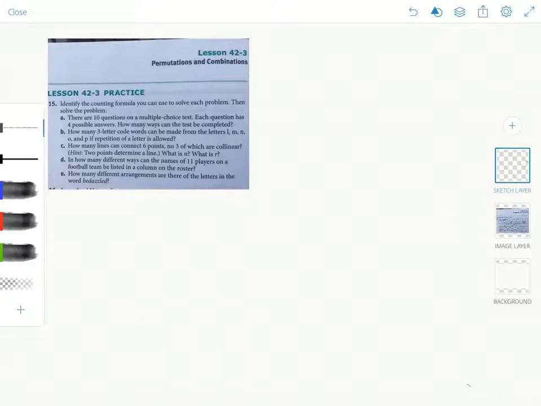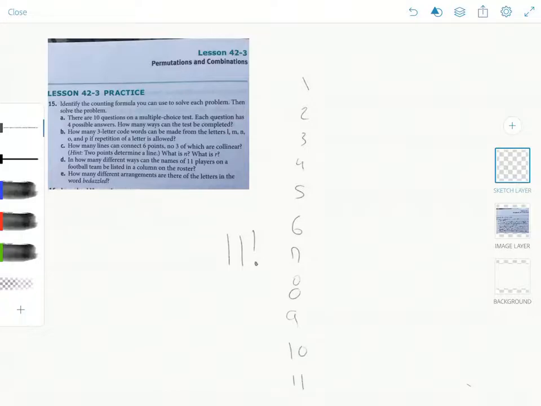Letter D. In how many different ways can the names of 11 players on a football team be listed in a column on a roster? So how many different ways can I list 11 players on a football team? And I think that would just be 11 factorial. Because here's my roster, right? 1, 2, 3, 4, 5, 6, 7, 8, 9, 10, 11.